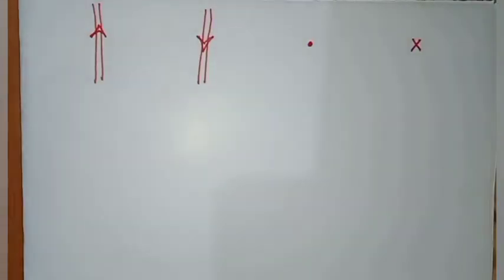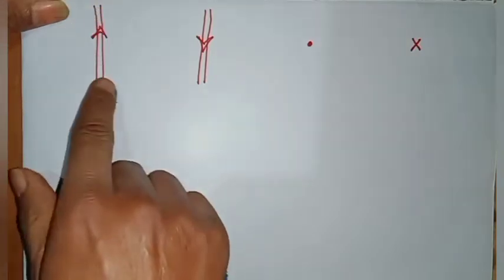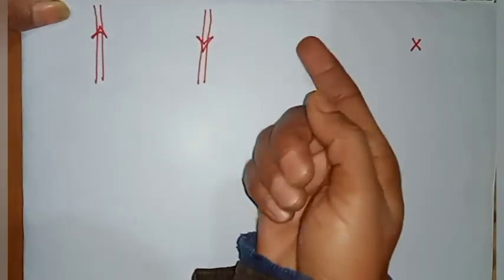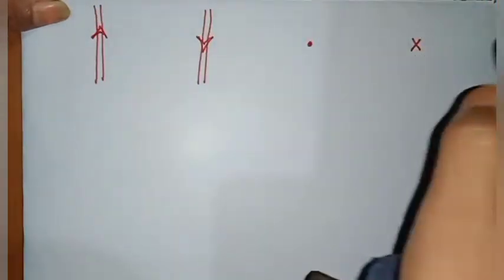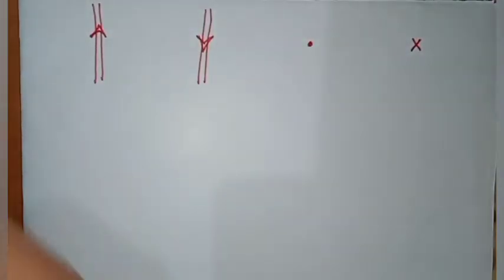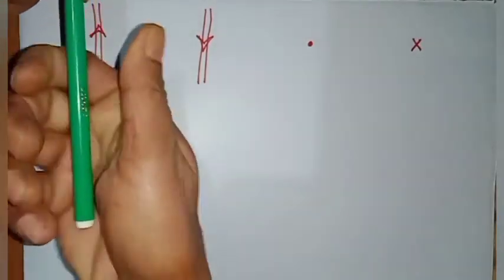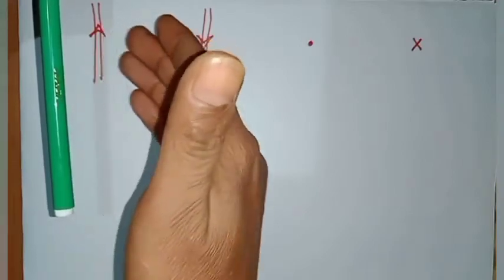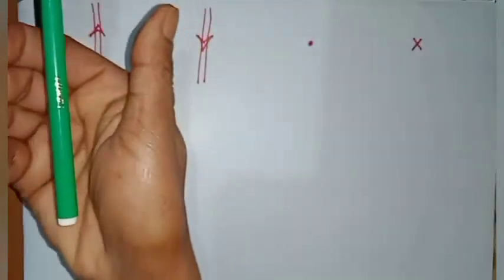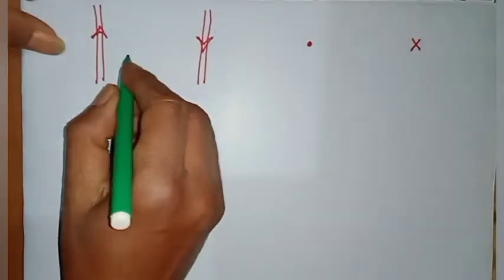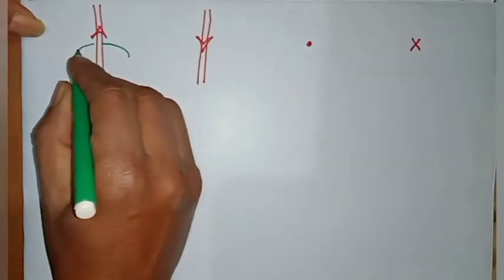In the first, this is current going up, current going down, current coming out of the plane of the paper, current going into the plane of the paper. Now, if I apply that Maxwell right hand thumb rule, then there's current going upward like this, and curl of the finger going here behind and coming in front. So it is going this way, coming out that way.